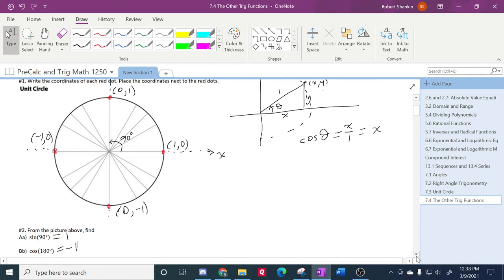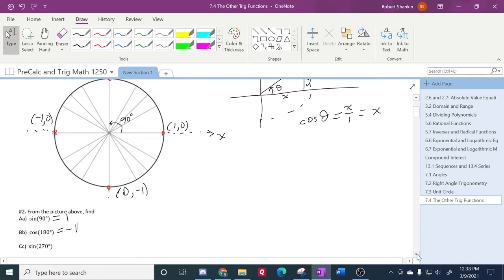Do the next one. Sine of 270 degrees. Okay, the sine is the y coordinate. So 90, 180, 270 is down here, and so it's the y coordinate, so it's -1.